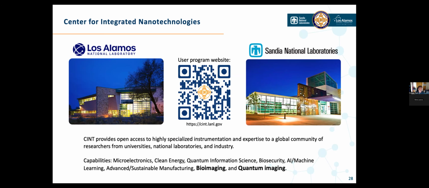I'm a member of the Center for Integrated Nanotechnologies. This is a user facility housed in Los Alamos. All of our techniques and instrumentation are available to the public. We partner with academic researchers, industry researchers, anyone.